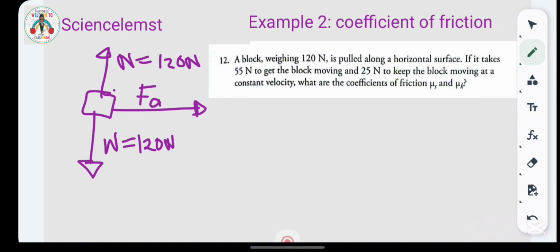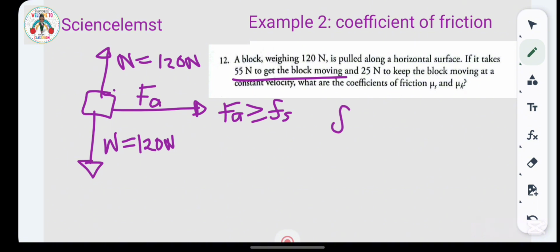Okay, it's being pulled. If it takes 55 Newton to get the block moving, it means that static frictional force is overcome. So now force applied must be greater than or equal to static frictional force in order for the object to do what? To move.